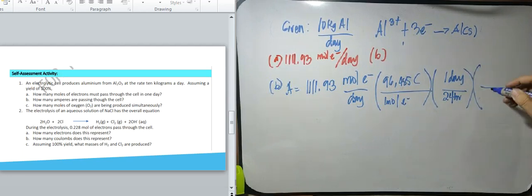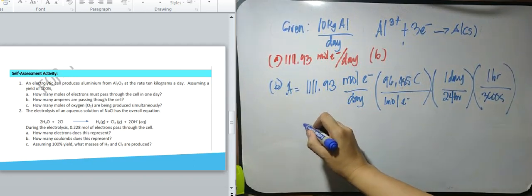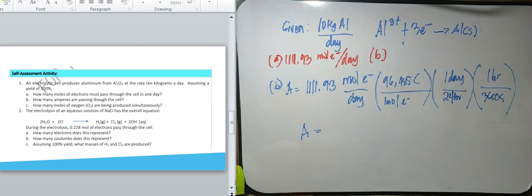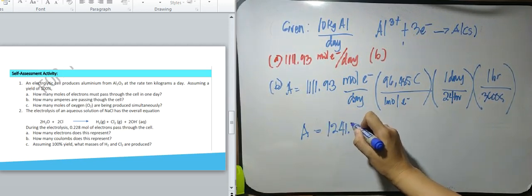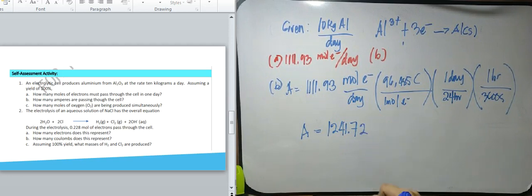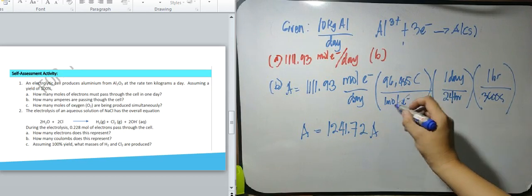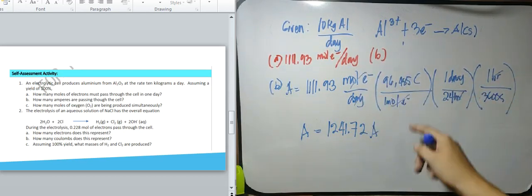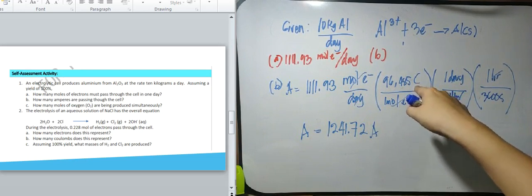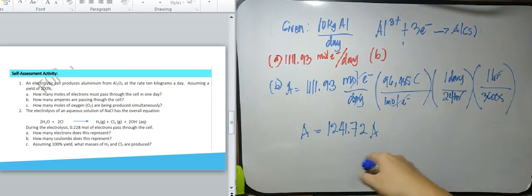So in 1 hour, we have 3,600 seconds. So our rate of current is 1,241.72 amperes. What we have left is coulomb per second, which is ampere.